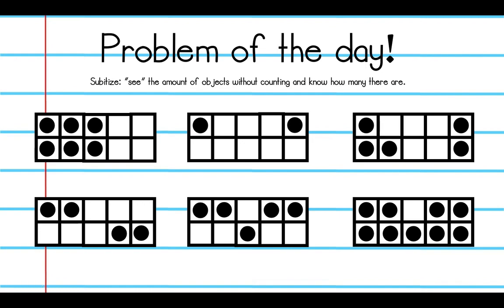So you look at that and you see if you can just say, oh, that's 6. And then this one, quickly, 2. And then over here, 5. Down here, 4. Here, 5. And last, how much is this? 9. So it's just a fun little warm-up. It's something different with 10 frames.